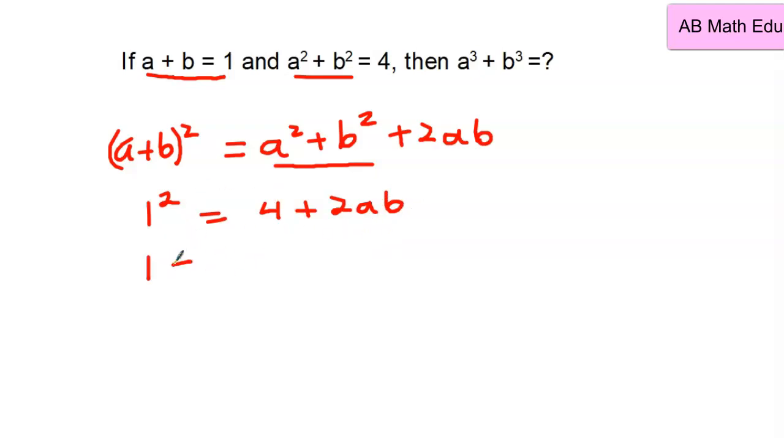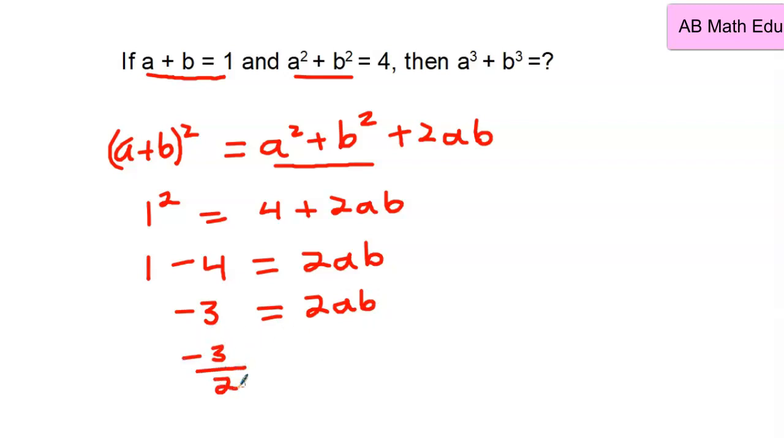We bring the 4 over, and we get -3 equals 2ab. We divide both sides by 2, and we get -3/2 is equal to ab.